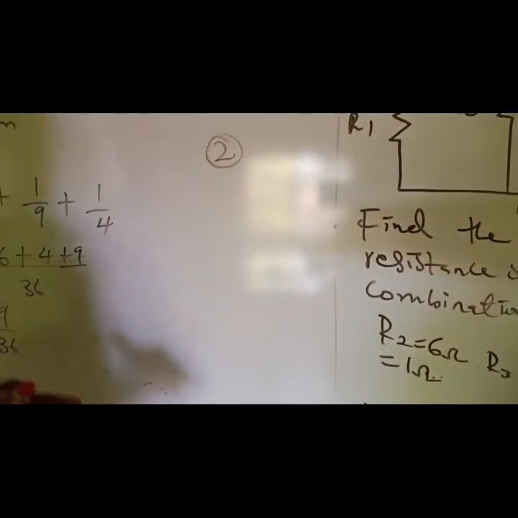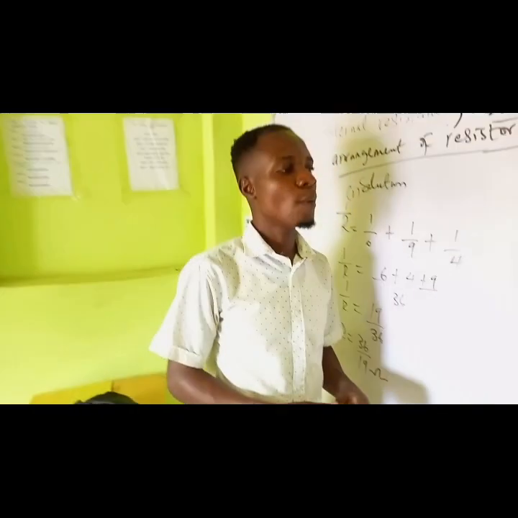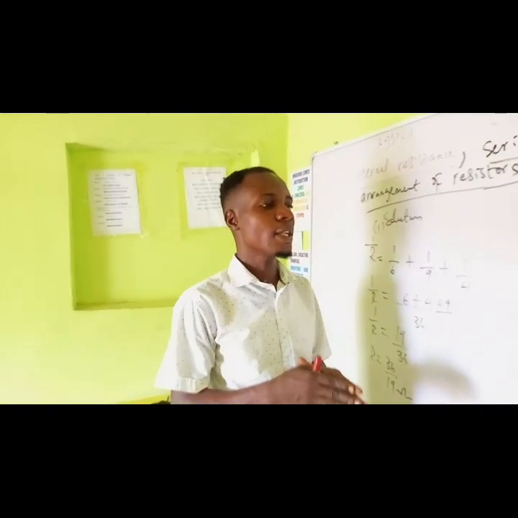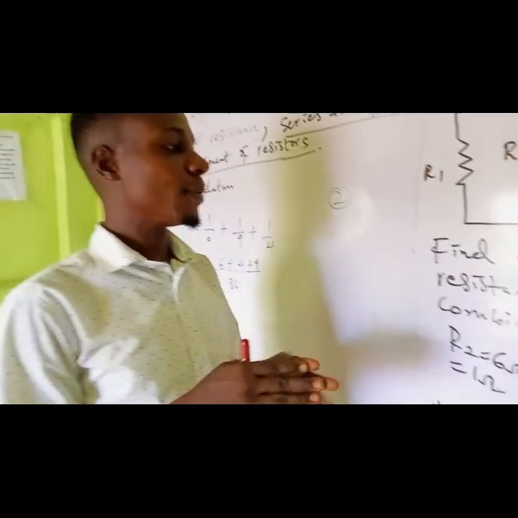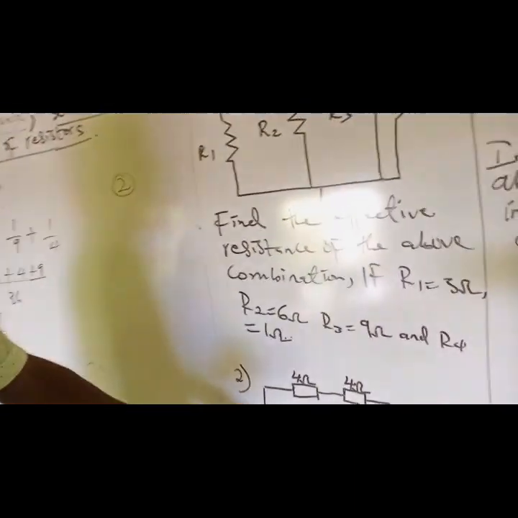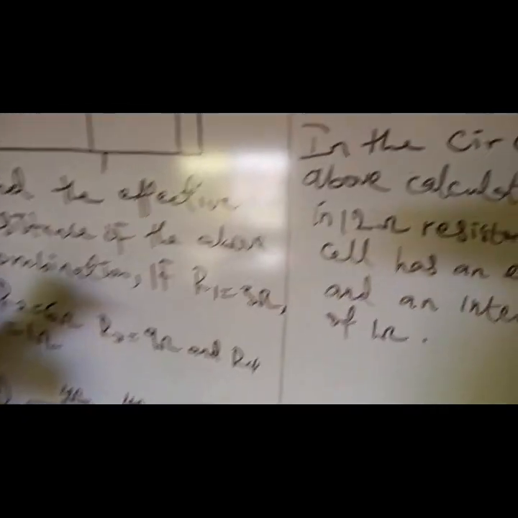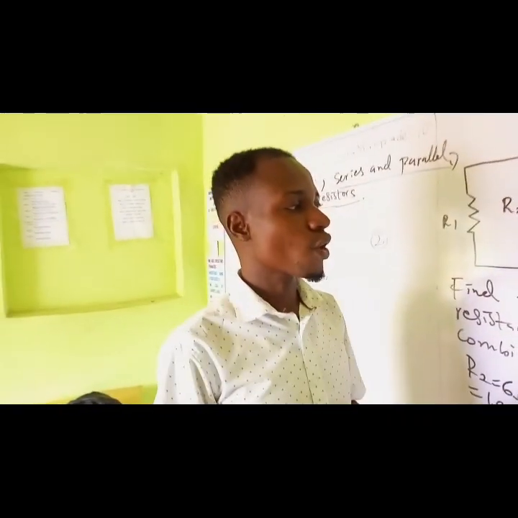I believe you understand this class, and the more you pay attention to this class, you'll be able to understand it properly. So I'm going to leave this one for you so that you can play with it, solve it by yourself. Maybe in the next class, I shall discuss that with you.